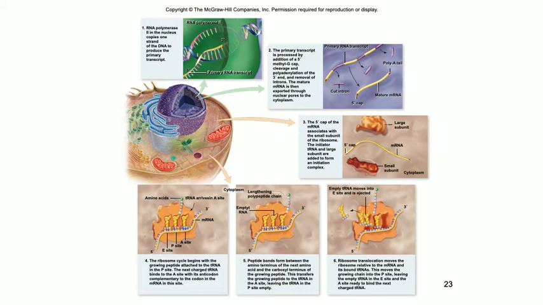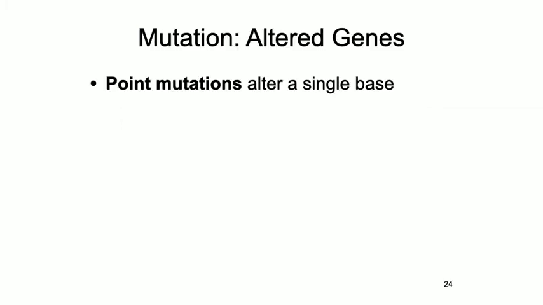Now, what happens if there is an alteration, a change in the original genetic code, in the DNA code itself? These are called mutations. Mutations are altered sequences of the DNA. They can be divided into several categories, and if there's only a single alteration we're talking about, one DNA nucleotide is changed, that's called a point mutation.